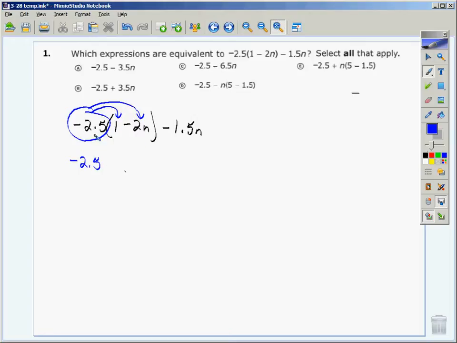I'm taking a negative 2.5 times a negative 2n. What is that going to become? That's going to become 5n.